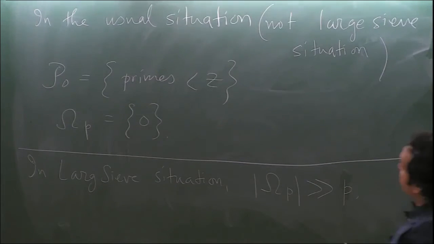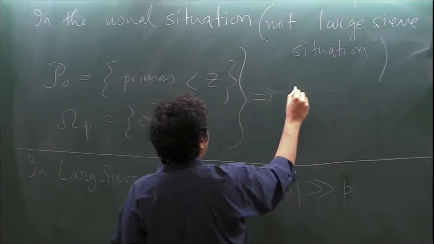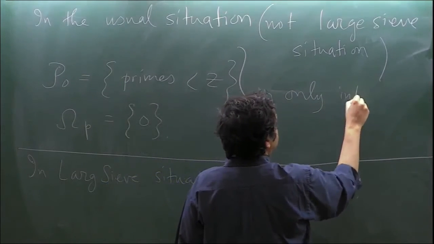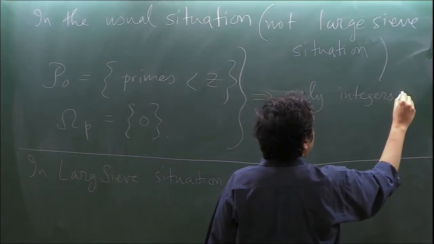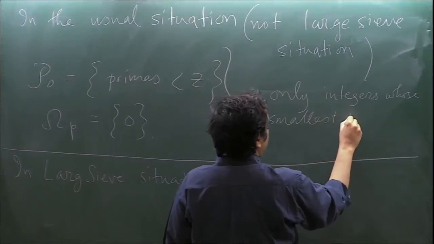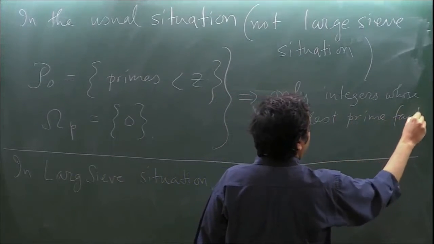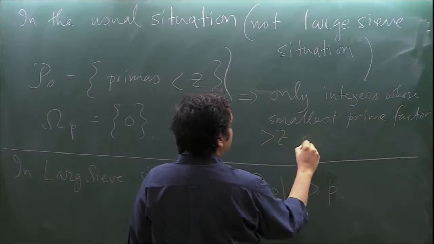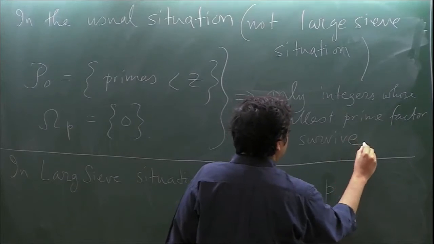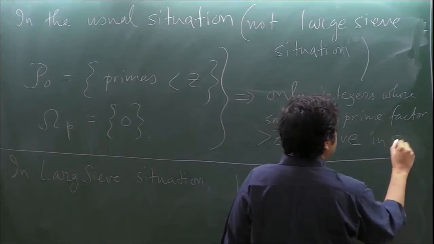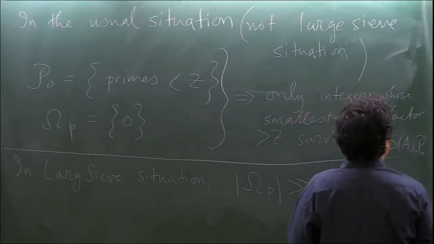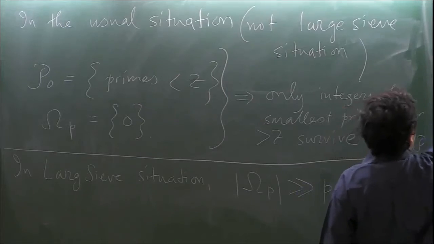So this choice will imply only integers whose smallest prime factor is greater than z survive in this S(A, P naught, omega).